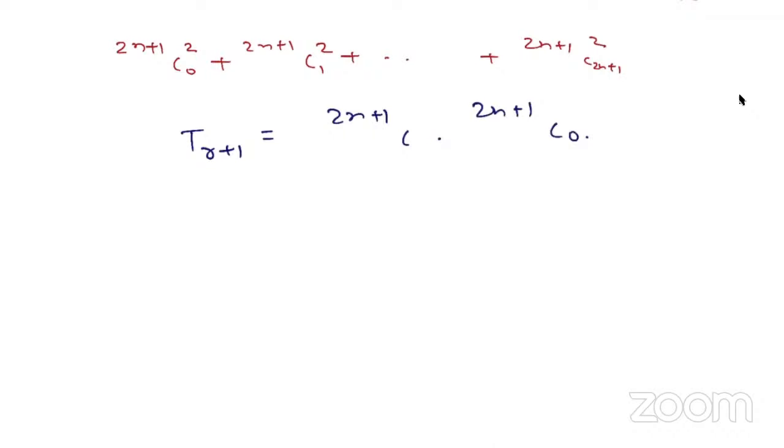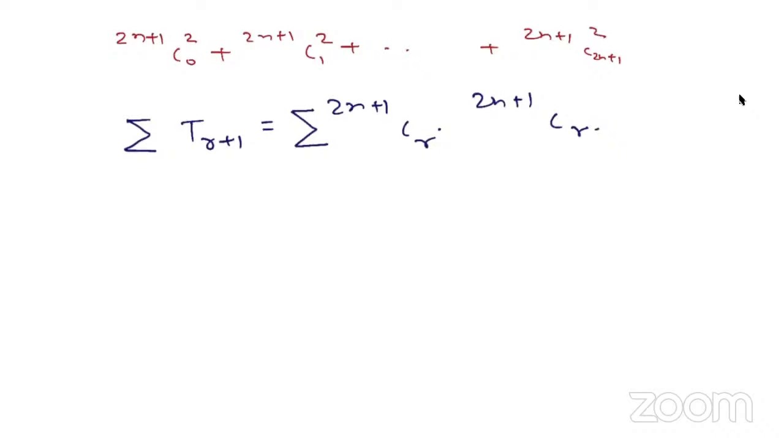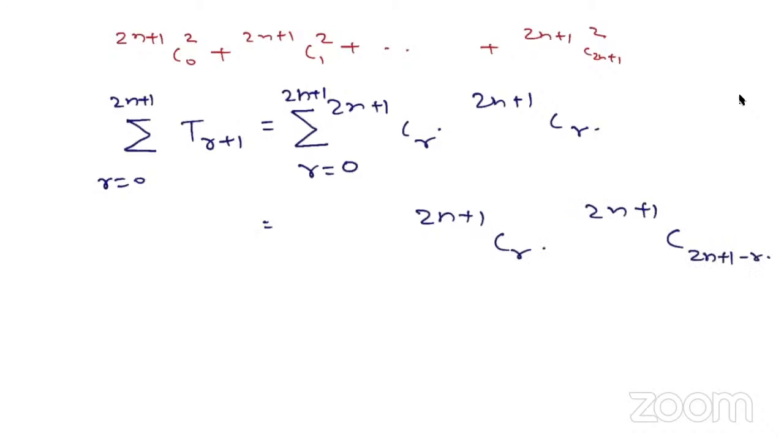In place of 0, we have to write r: (2n plus 1)Cr. But the next step, when we are starting with this 0 to n, the complete series, look, this is (2n plus 1)Cr into (2n plus 1)C(2n plus 1 minus r).